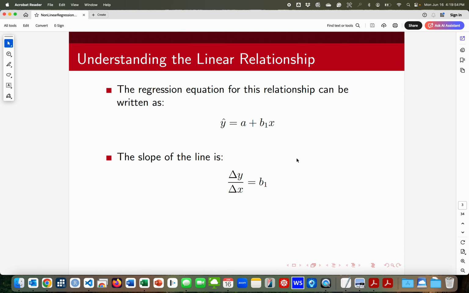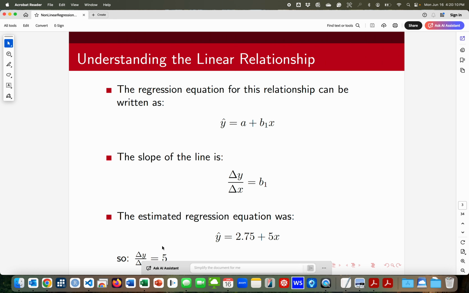If x equals 0, x equals 10, x equals infinity, that's the slope of the line. So for example, that relationship we had, y hat equals 2.75 plus 5x, the slope of that line was 5. And again, that should say change in y hat over change in x equals 5.